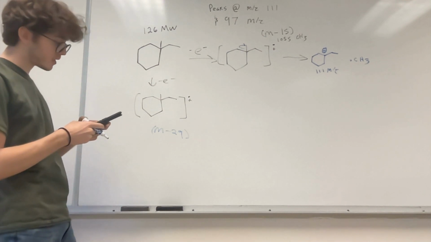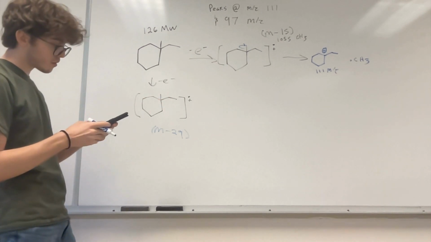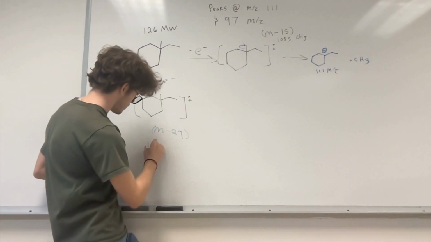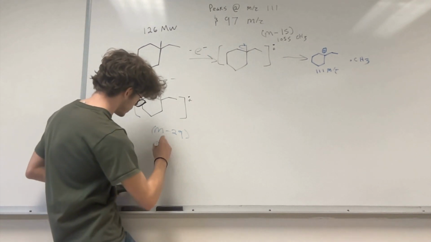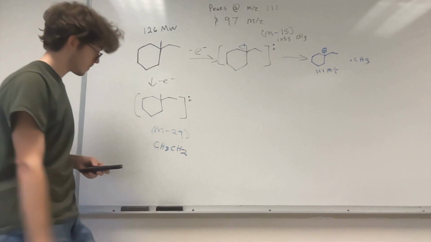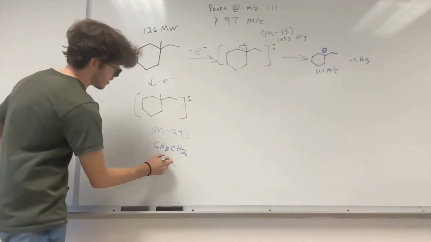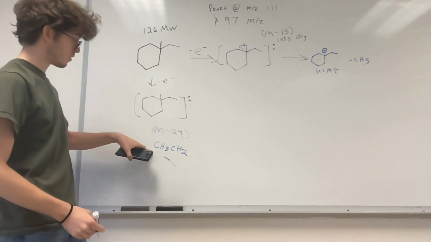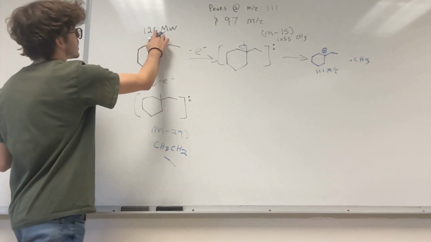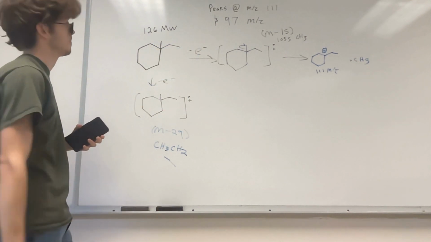Well, if we add 12 plus 12, indicating 2 carbons, add 2 hydrogens and 3 hydrogens, that gives us an ethyl group, CH3CH2. That just looks like this in line angle. So we're losing an ethyl group here, that's 29 mass units, the difference from 126 for the molecular weight to the 97 m over z peak that we see.